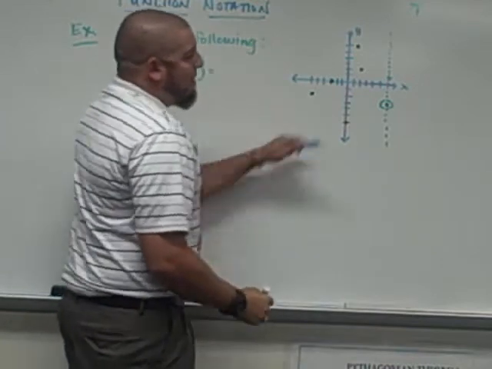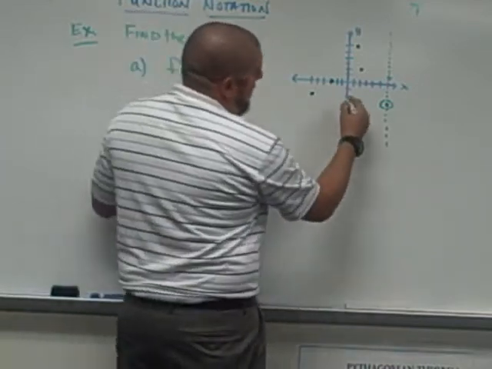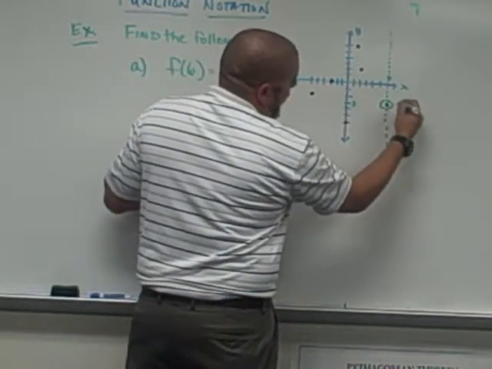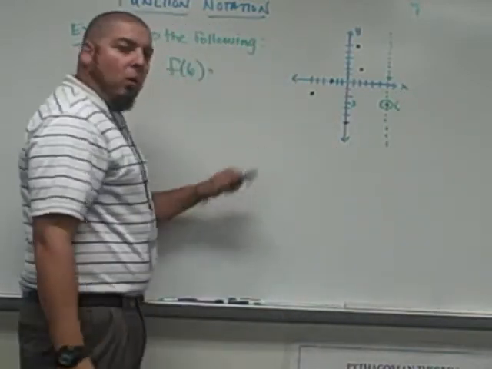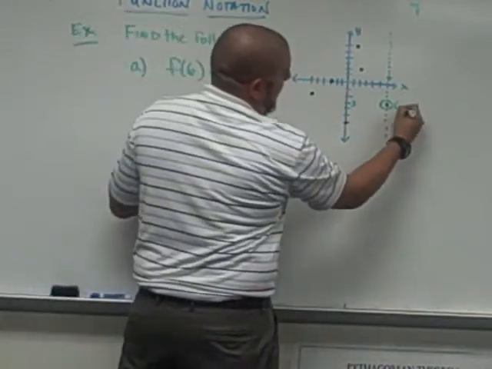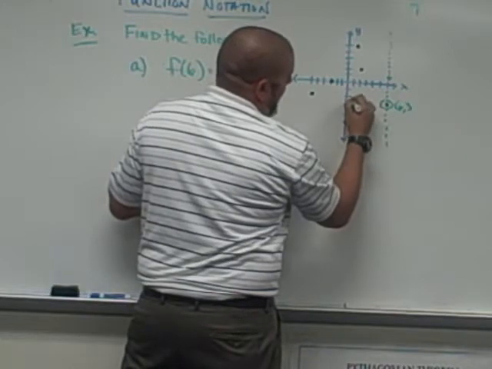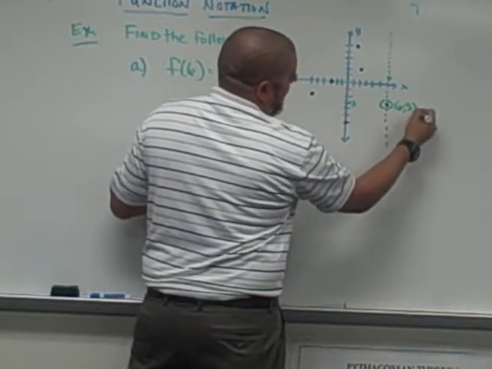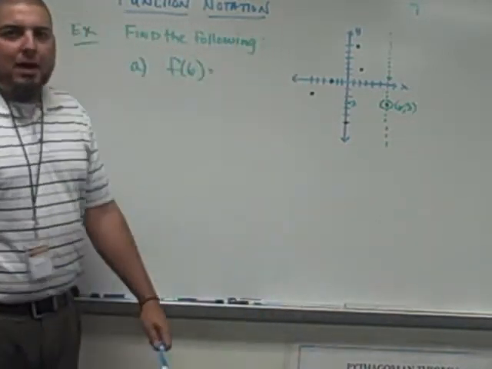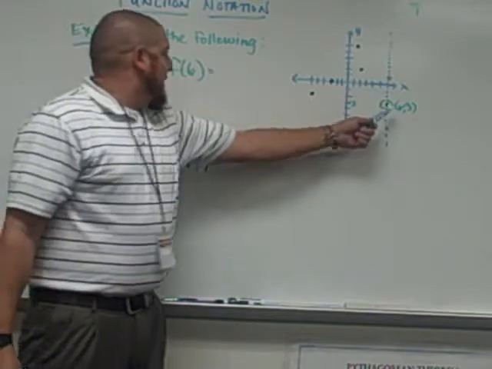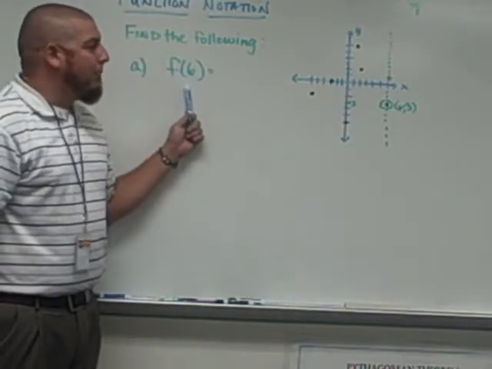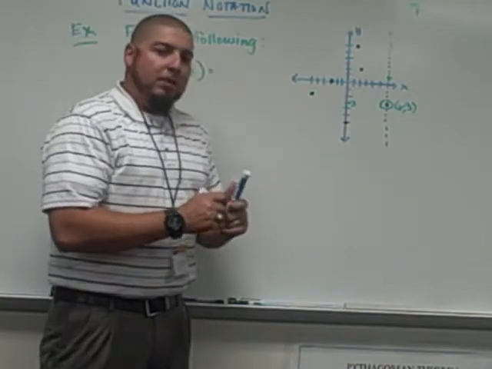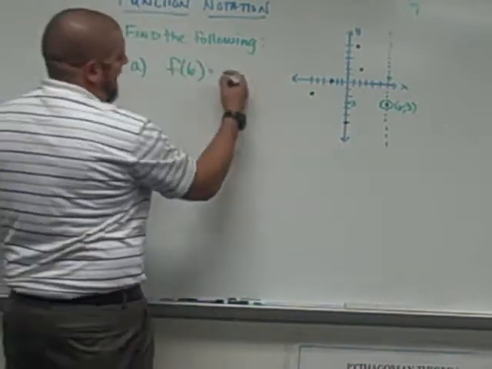So what is the y value? The y value of this is, I'm sorry, I said 3, negative 3 down. So the ordered pair for this point is 6 over, negative 3 down. If I know my x value is 6 because that was given to me in the problem, what is my y value? My y value when x is 6 is negative 3.